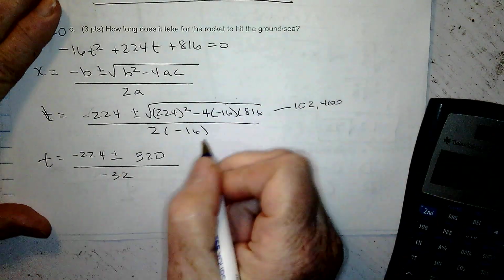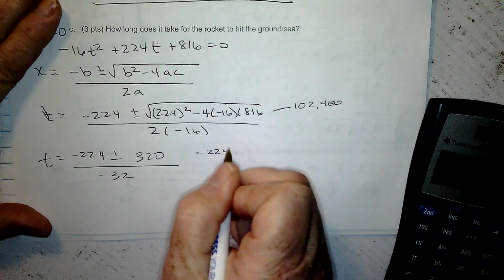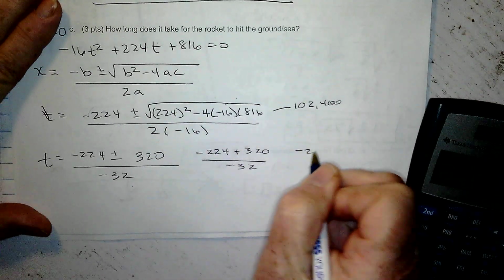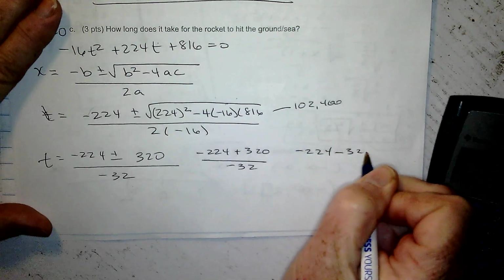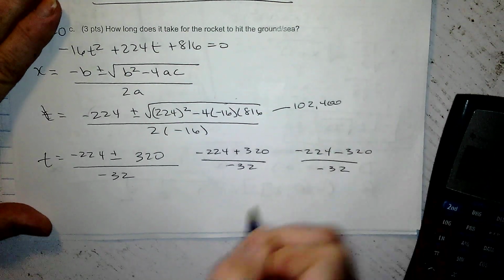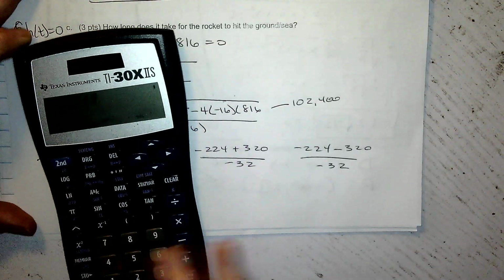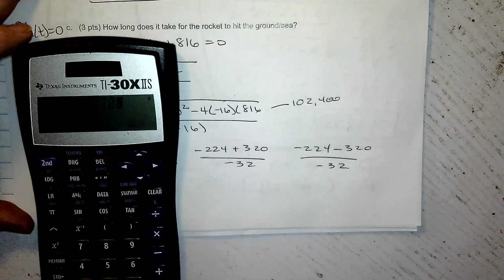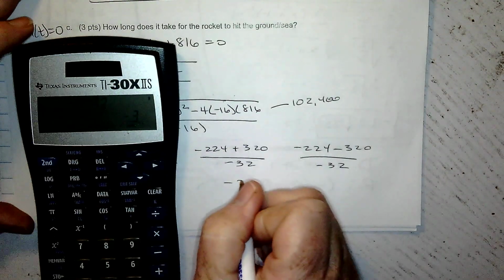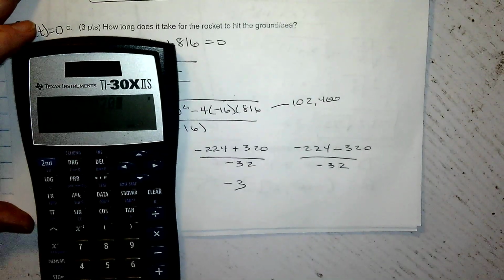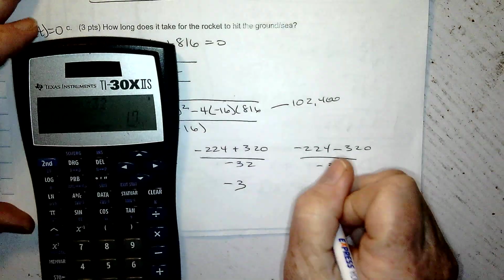Alright, so now I'm going to break them up. Negative 224 plus 320 over negative 32, and negative 224 minus 320 over negative 32. So negative 224 plus 320, divided by negative 32, is negative 3. Negative 224 minus 320, divided by negative 32, is 17.